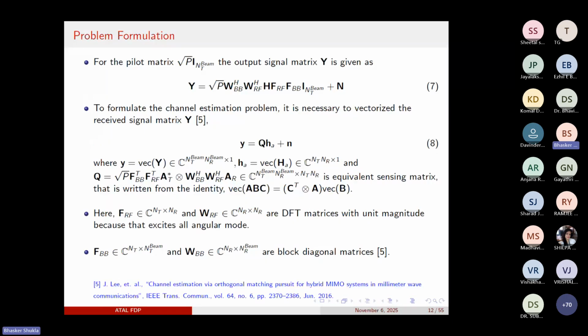So suppose I have taken an identity pilot matrix of size NT beam, then the output signal can be given with the help of equation 7.